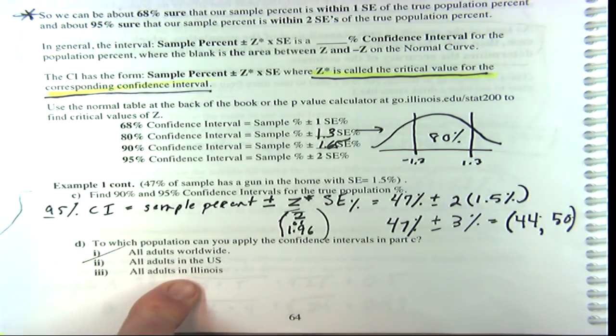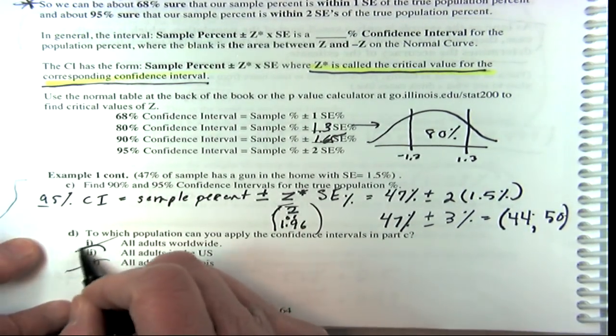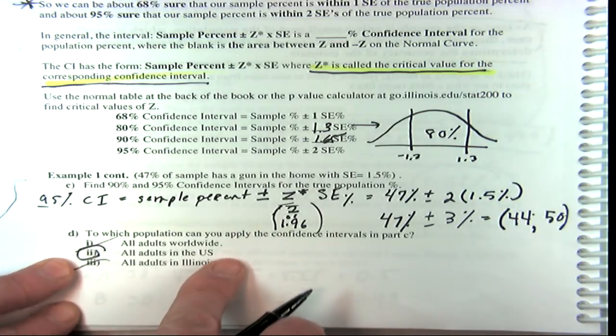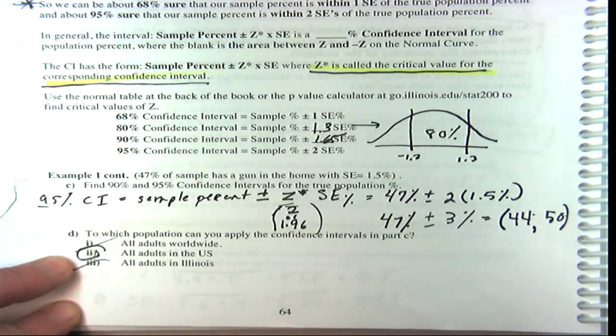So you can't apply it to any particular subgroup within the population. You can only apply it to the whole population that it was chosen from. It was chosen from all adults in the U.S., so that's what it's going to reflect. It's not going to reflect particular subgroups within the population. It's not going to reflect hunters, who are going to have a much higher percentage, right?